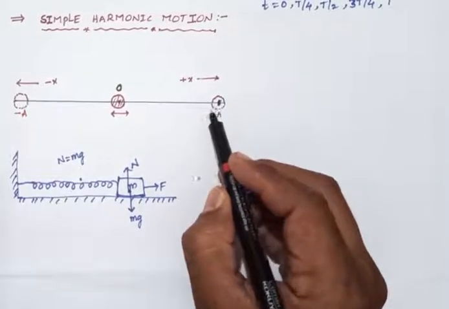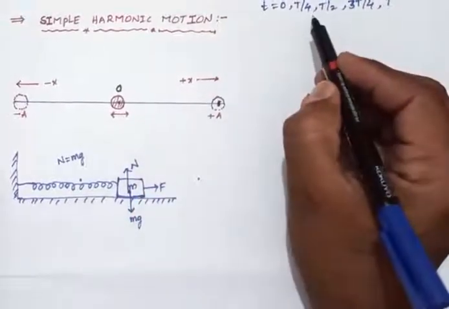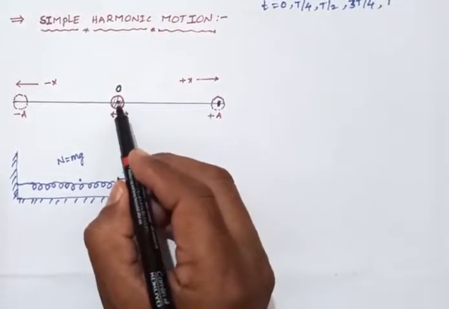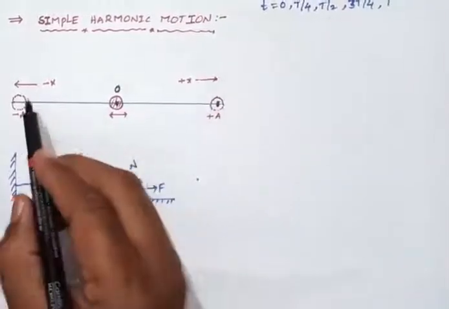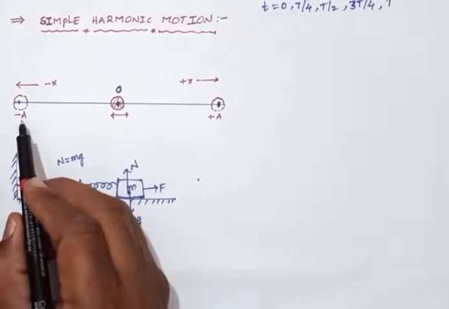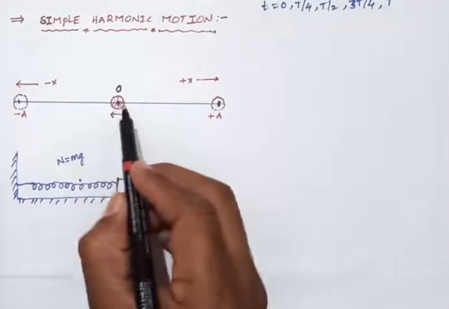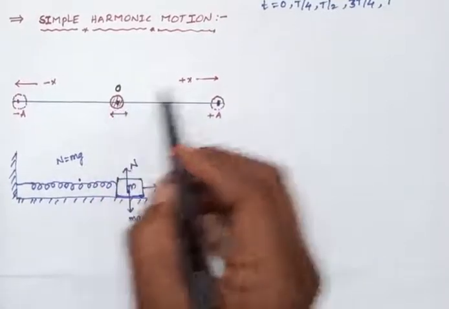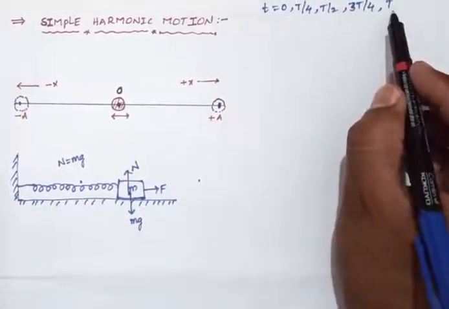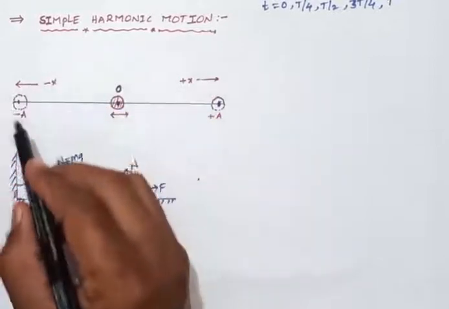Again, it moves in the opposite direction. At t equals T by 4, the displacement is 0. At t equals T by 2, it is at the negative amplitude, minus A. Again at 3T by 4 it comes to the mean position, and at t equals capital T it is again at the same position. So it is a complete oscillation.